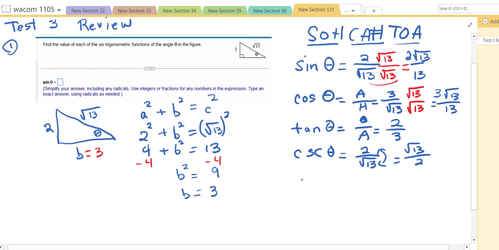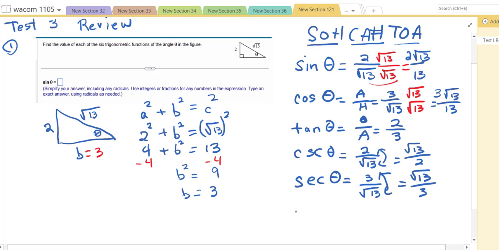And then we will do secant of theta, which will be the cousin to cosine. We could go to this first one and then flip it over. So it would be square root of 13 over 3. Then we don't have to rationalize.